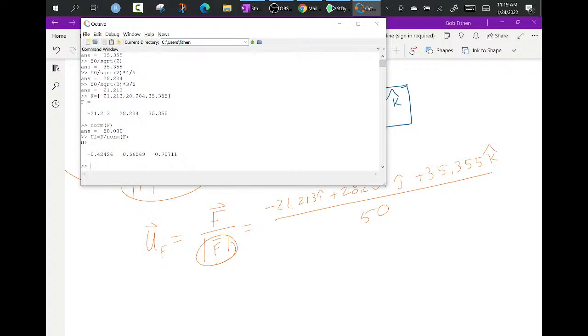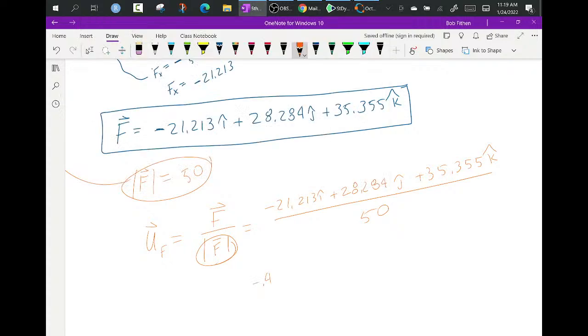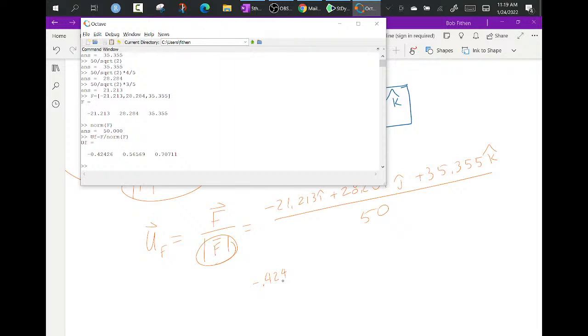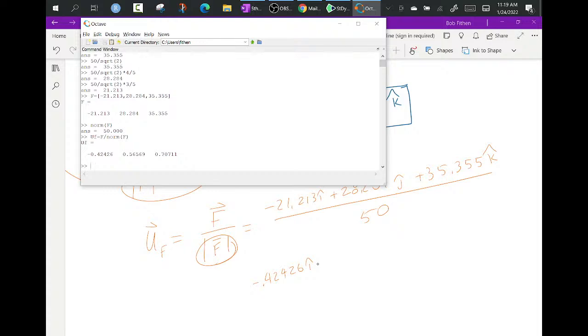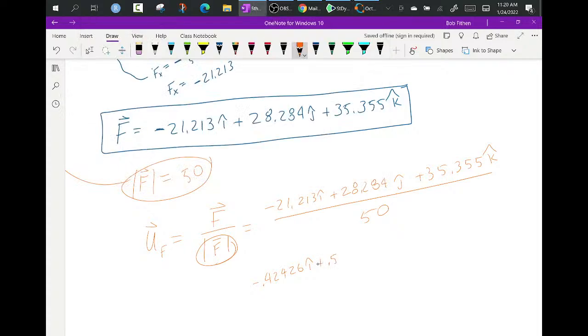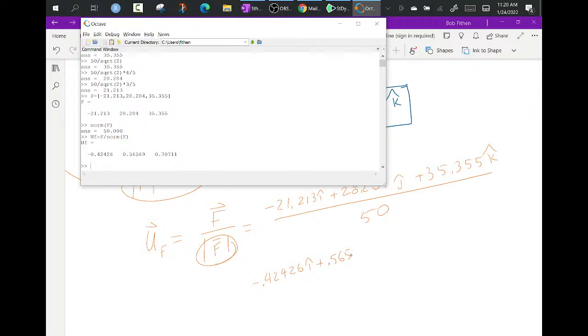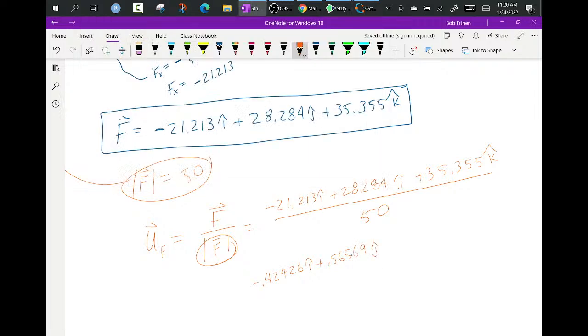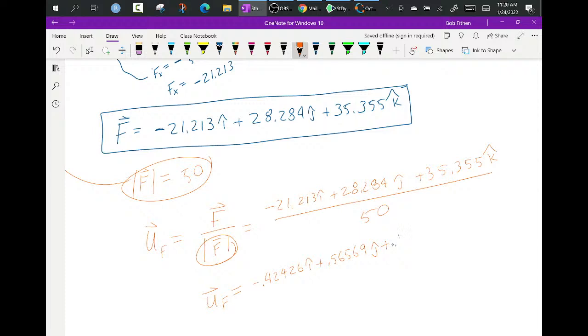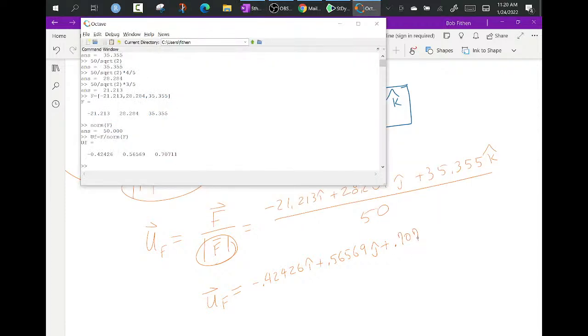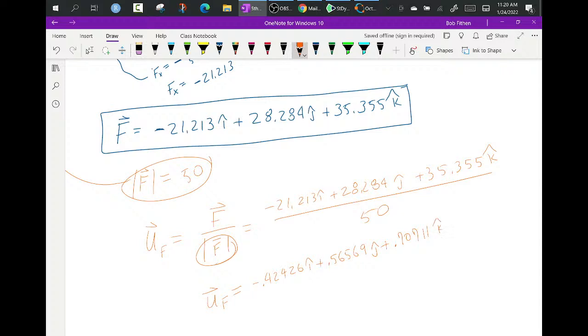Let's see if I can copy these down: minus 0.42426 I, plus 0.56569 J, plus 0.70711 K. This is my unit vector in the direction of F.